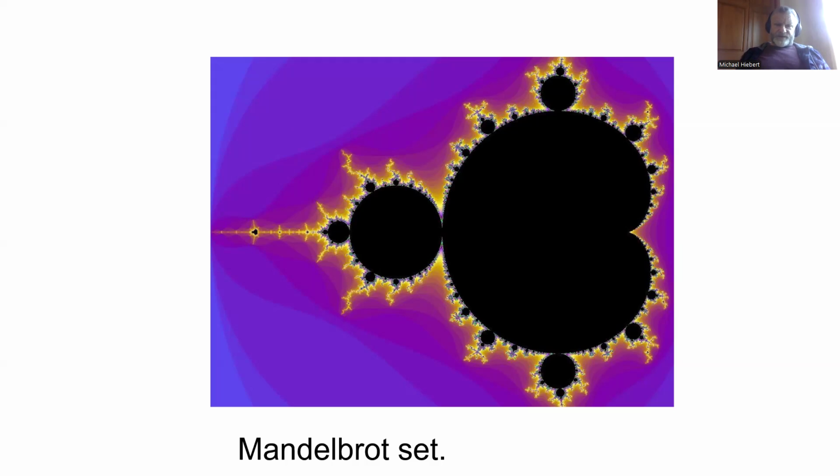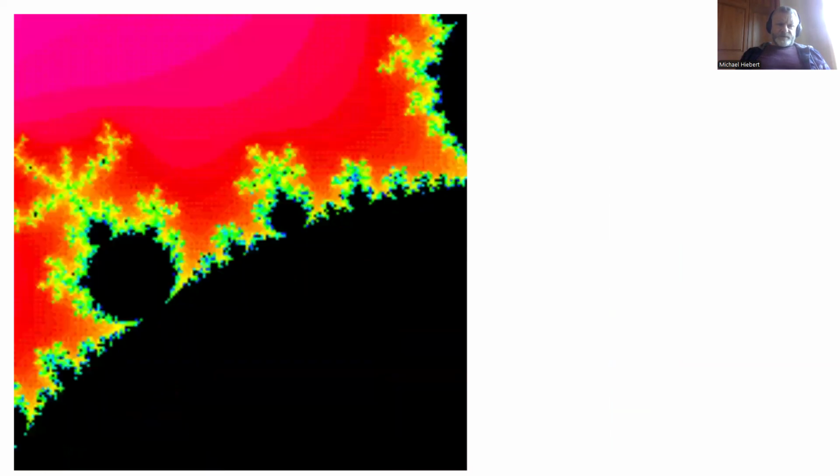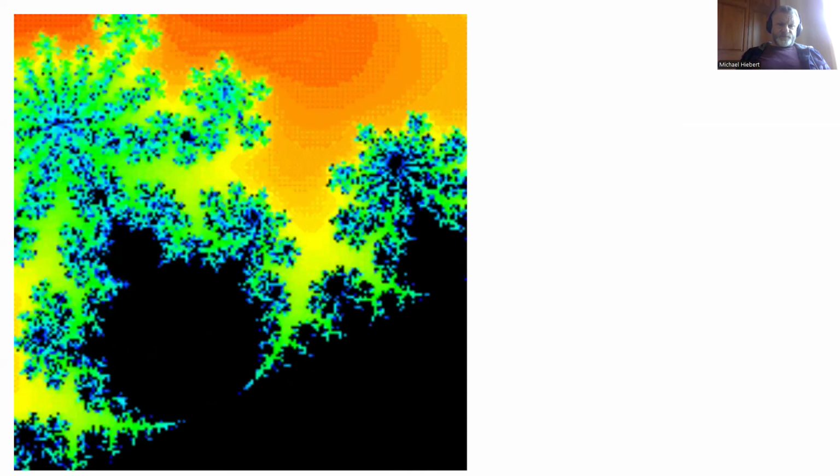But for now, let's zoom in on the detail. There's a lot more detail than initially meets the eye. And I found an image of zooming in on the Mandelbrot set further. And you get an idea of how incredibly detailed this thing is and how much information it can contain.